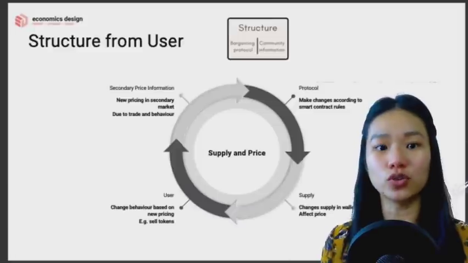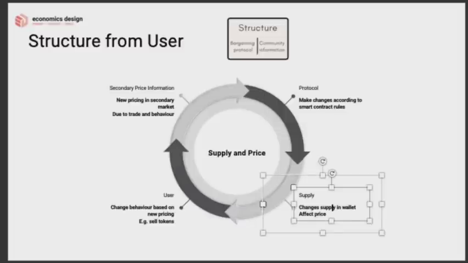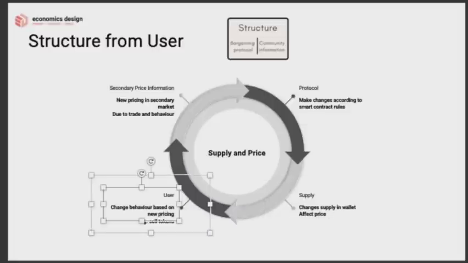How does it look as a user? Firstly, the protocol makes changes according to smart contract rules, and then it will affect users by changing the supply in the wallet. And users, see, at the end of the day, economics is about incentives, punishments, and behaviors. That's it. Economics is really simple.